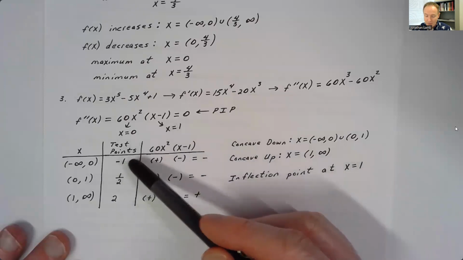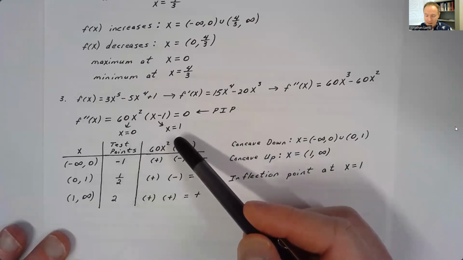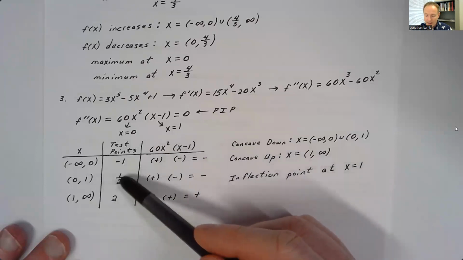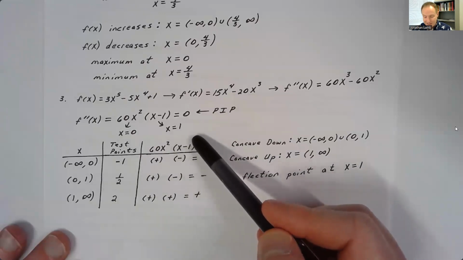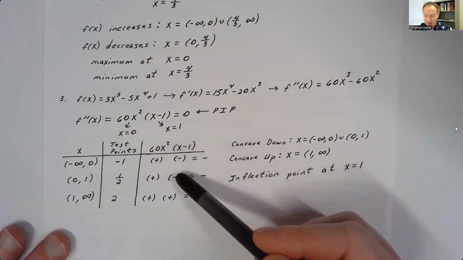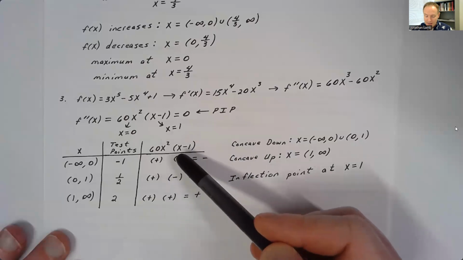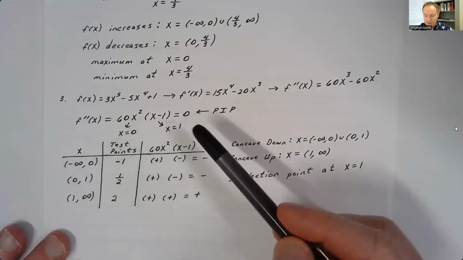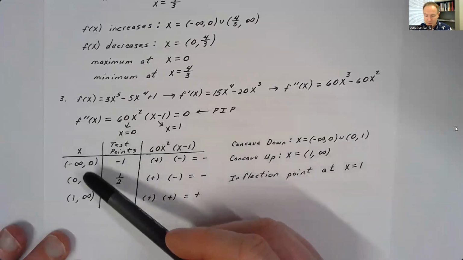When I plug a negative 1 into x minus 1, I get negative 1 minus 1. That's a negative. When I plug a 1/2 into x minus 1, it's still going to give me a negative. 1/2 minus 1 is a negative 1/2. So I get a negative for the second factor for both of my first two regions.